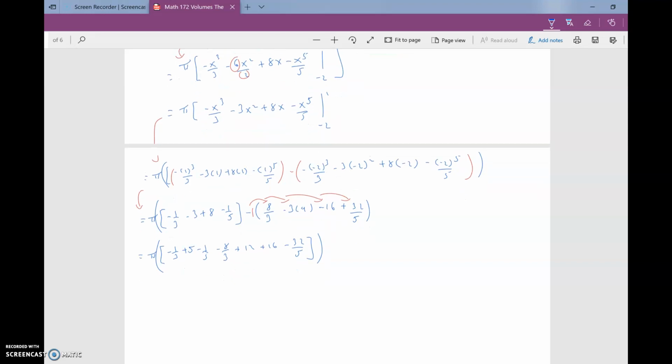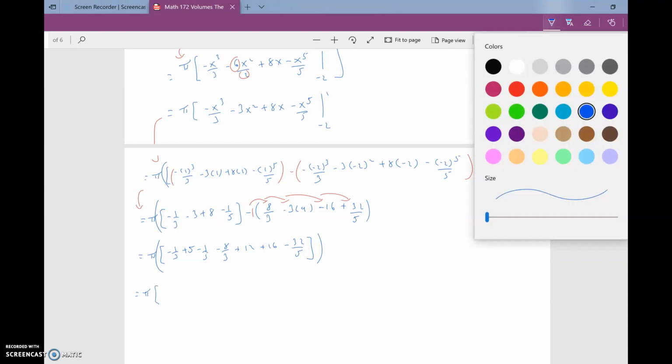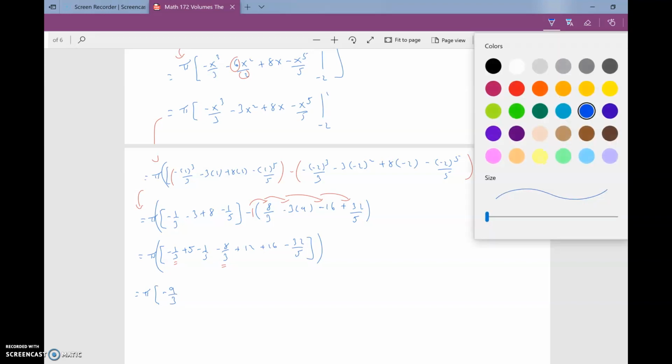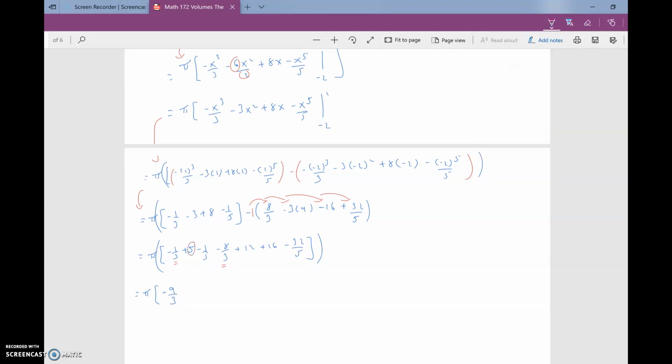Okay, so let me combine the actual thirds. So this is still pi times, in combining the thirds, we have -1/3 and technically -8/3. So that's going to give us -9/3. Okay, constants. So we technically have a 5, a 12, a 16, and actually that's it.